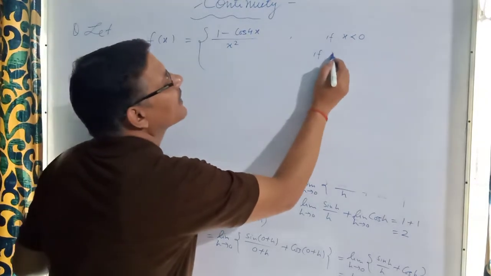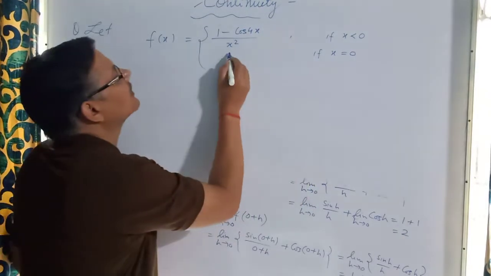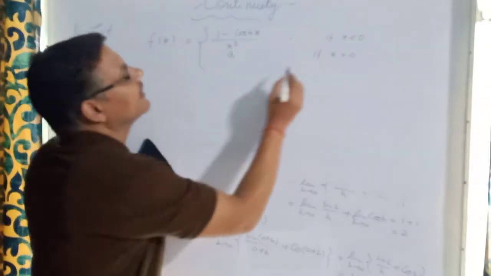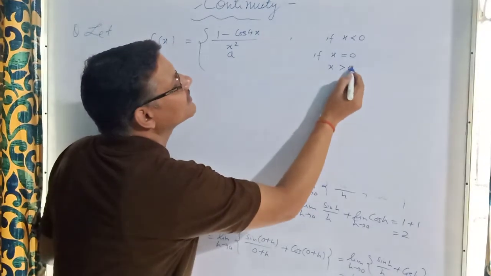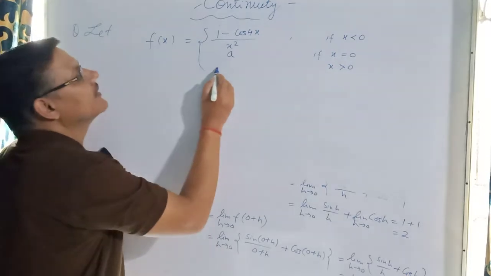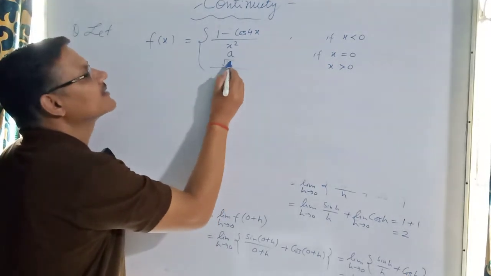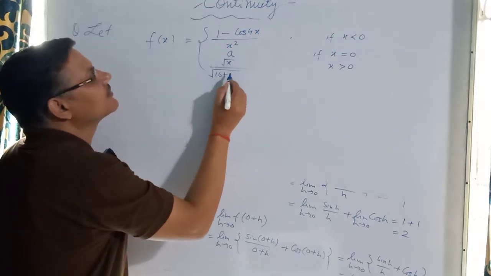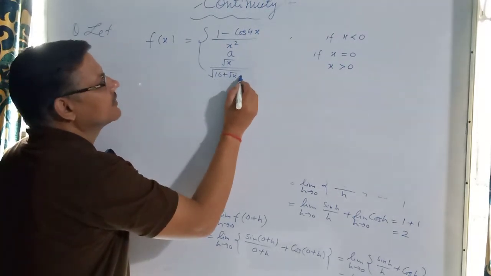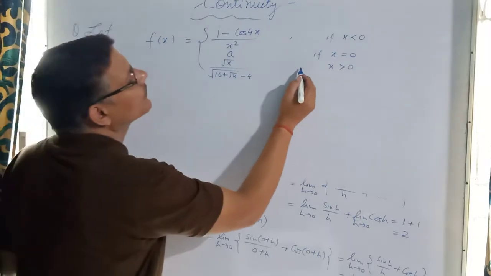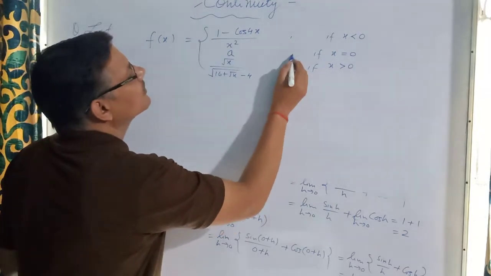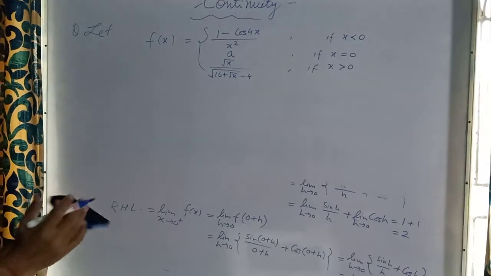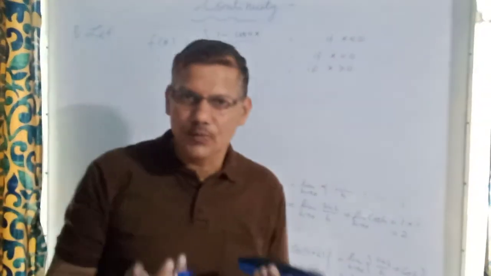If x is equal to 0, then its value is given as a. If x is more than 0, then it is defined as root x divided by root (16 plus root x) minus 4. This is about the function. These 3 conditions are there. Then what are we required to do?